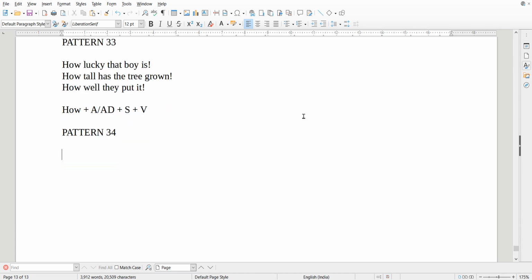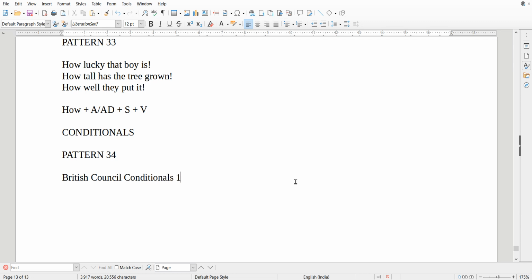Now 34, 35, 36, we have three conditionals. That's another heading, conditionals. Okay, I'll give you one sentence per pattern because I don't have time anymore. If clause, simple present. So this is the first conditional, third conditional, second conditional, and you can refer to British Council conditionals 1 and 2.